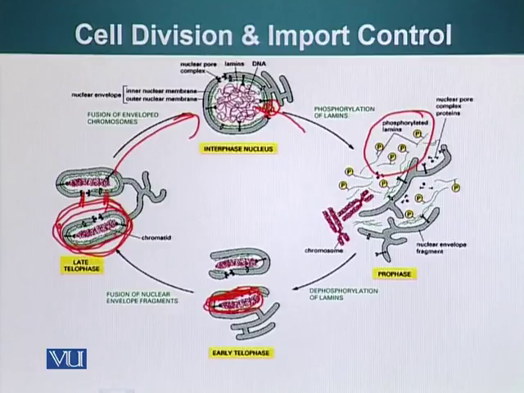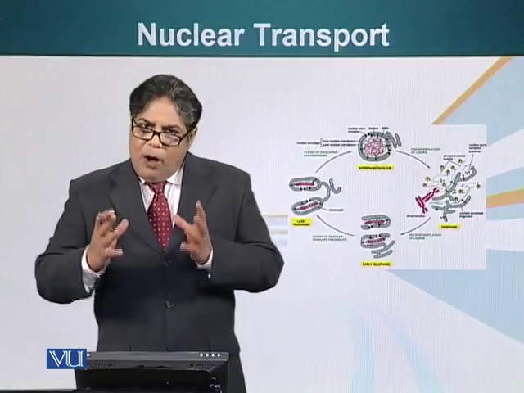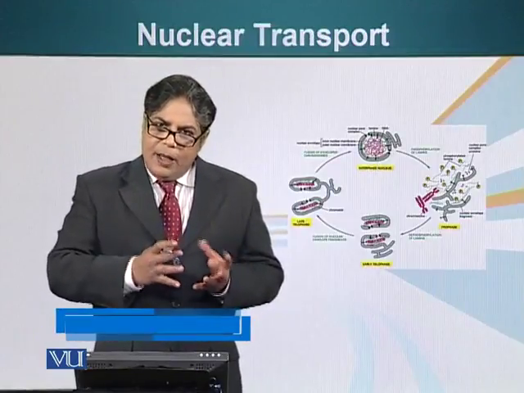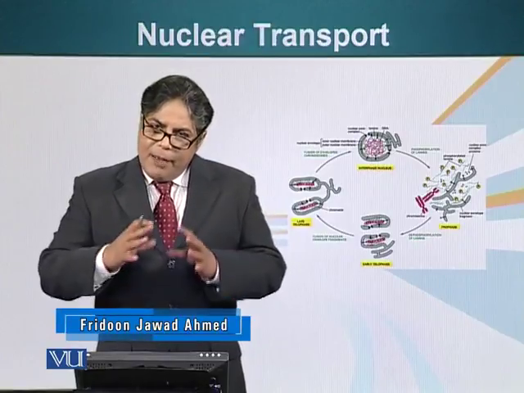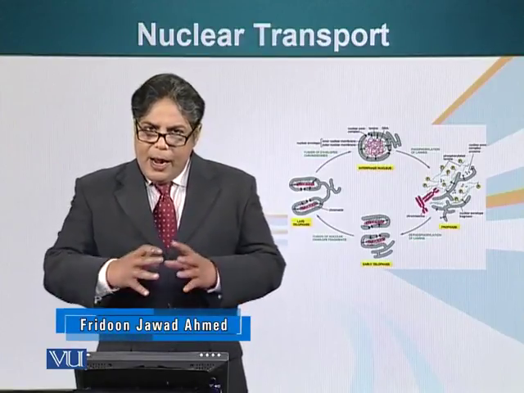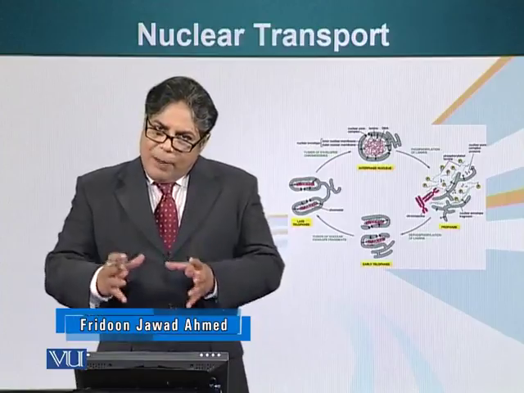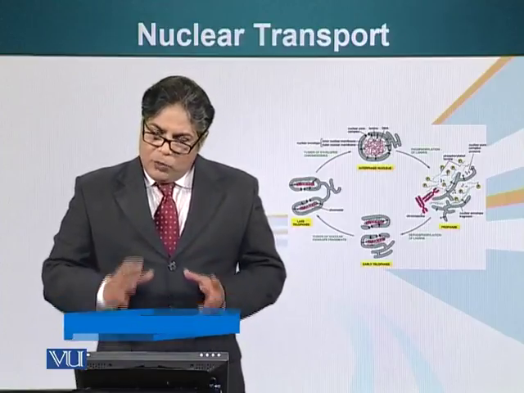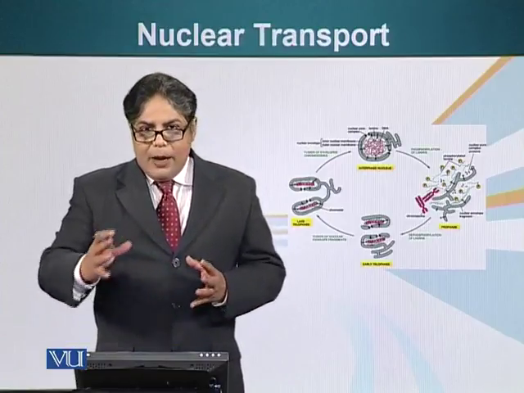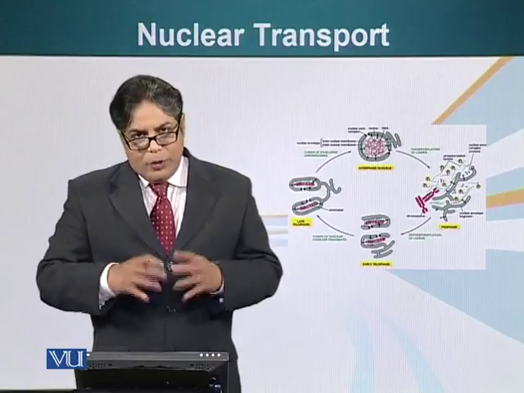So this is how a cell which has gone through cell division keeps random cytoplasmic proteins out of the nucleus. We have seen two beautiful examples of how the signaling NLS is regulated, how proteins which are not supposed to be there are kept out of the nucleus, and how proteins enter the nucleus when they are required.